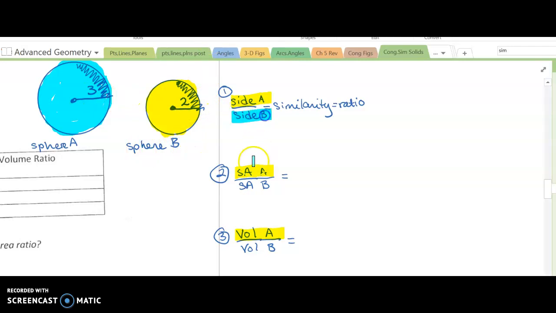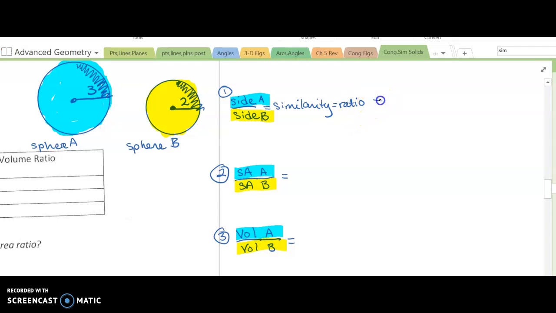What we're going to do is look at, number 1, the similarity ratio of A to B. Then we're going to look at the surface area ratio, SA, which stands for surface area, of sphere A over the surface area of sphere B. And thirdly, we're going to compare the volumes of sphere A and sphere B. So let's start with the similarity ratio.